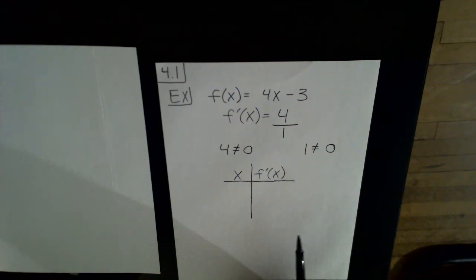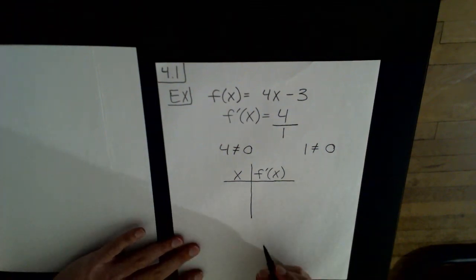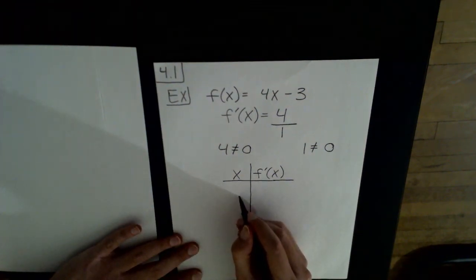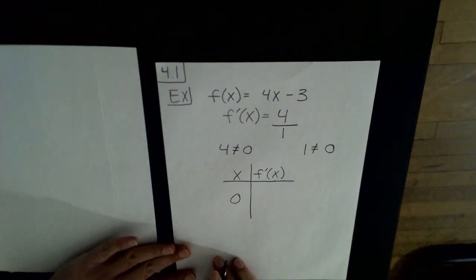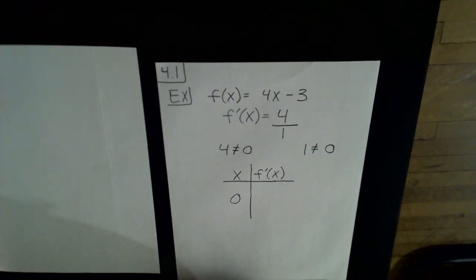Always remember, if you do not have a partition number, then one value will tell you whether the entire function is increasing, the entire function is decreasing, or it's neither increasing nor decreasing. We can pick anything we want, so I'm just going to go ahead and pick 0, as 0 usually ends up being one of the easiest things you can pick.